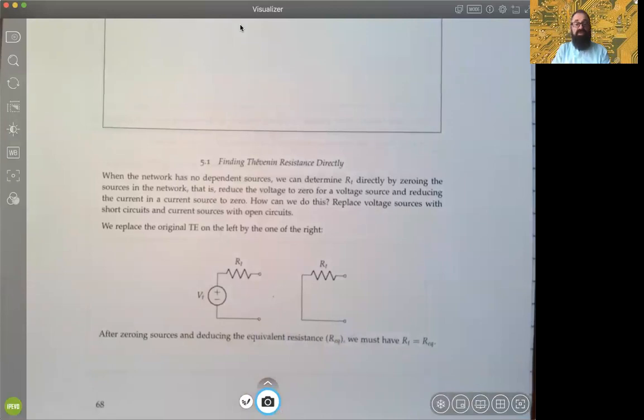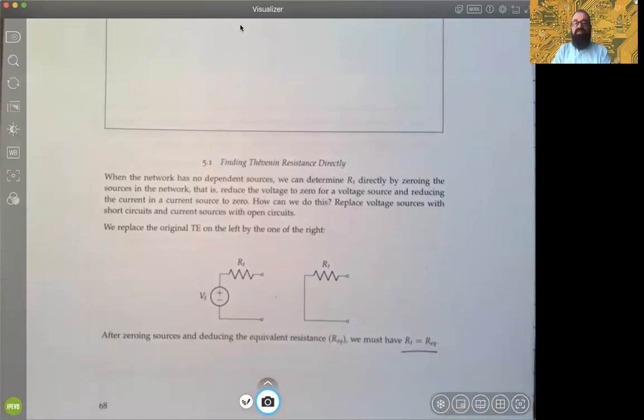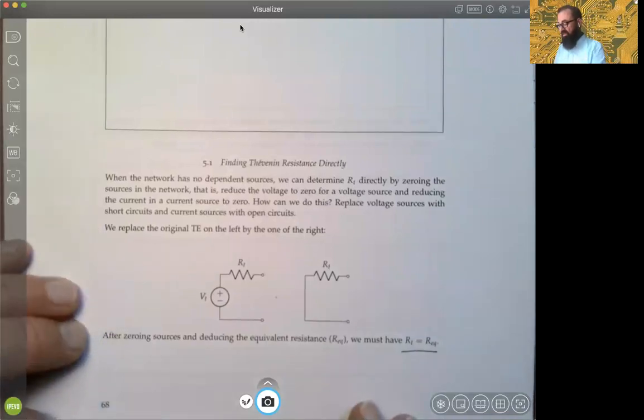After zeroing the sources, you could combine all the resistances, maybe exploiting series and parallel, and the resulting equivalent you can easily show would be the same as the Thévenin resistance. So this is a really nice technique to zero the sources and figure out what the resulting equivalent would be. Let's try this technique out.